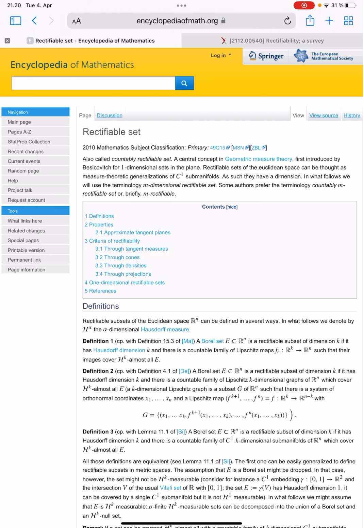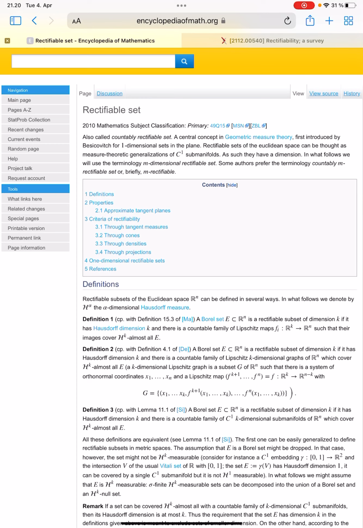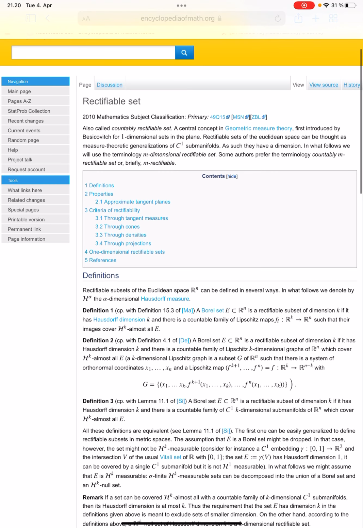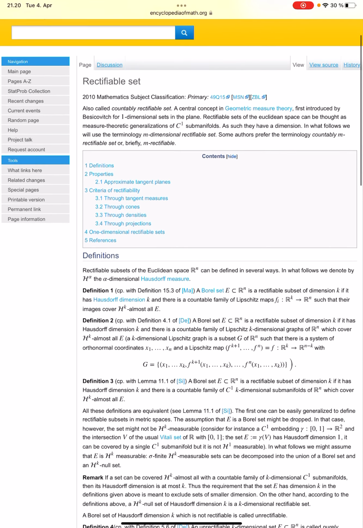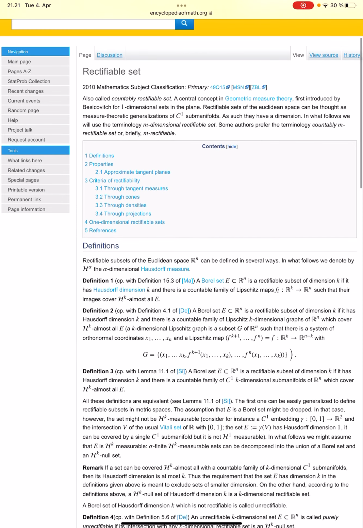There are equivalent definitions. One of them is that you can actually take these Fi to be C1 maps, and that follows from the result saying that a Lipschitz map agrees with a C1 map on a big portion of its domain. And big portion being that the complement has an arbitrarily small Lebesgue measure.